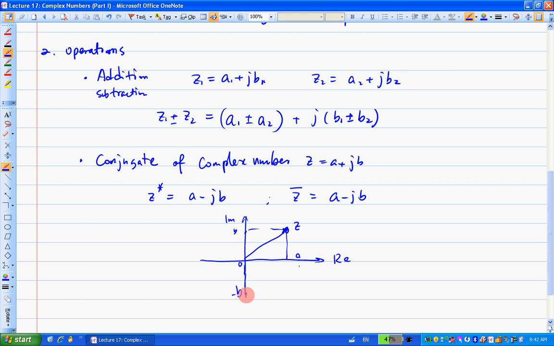So the conjugate of that number basically ends up over here. And this is essentially the mirror of the original one here. So this is the Z star here, right? The mirror of that. Okay, good.